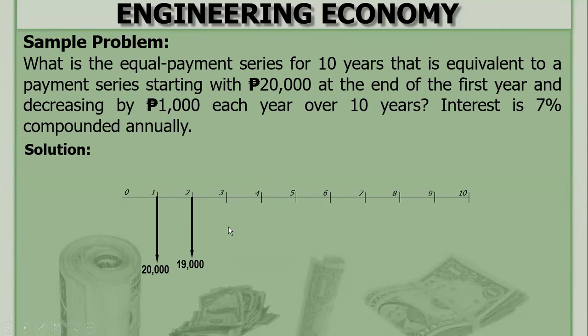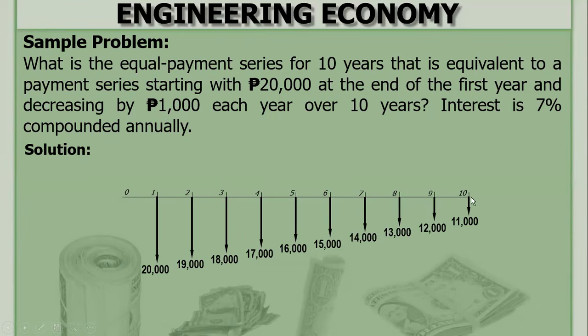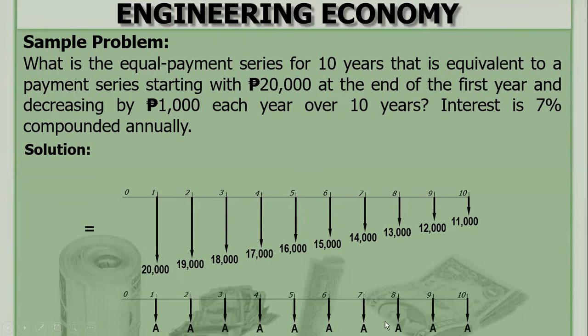So 19, 18, 17, 16, 15, 14, 13, 12, 11. So this is the original cash flow. The question is, what is the equal payment series for 10 years that is equivalent to this series? So we are going to convert this one into an equal payment series. This one is equal to this one. So what's the value of A?